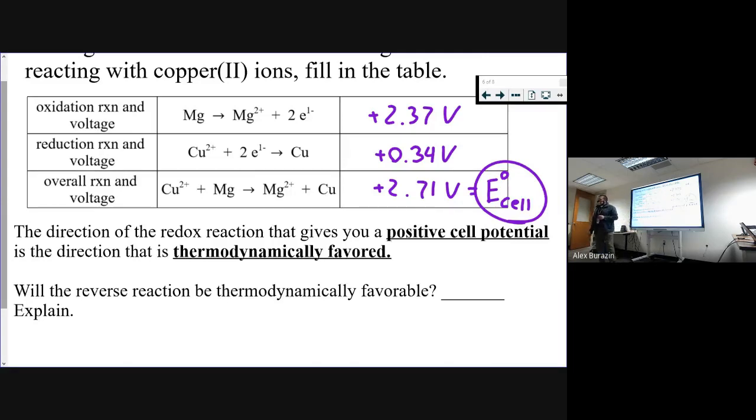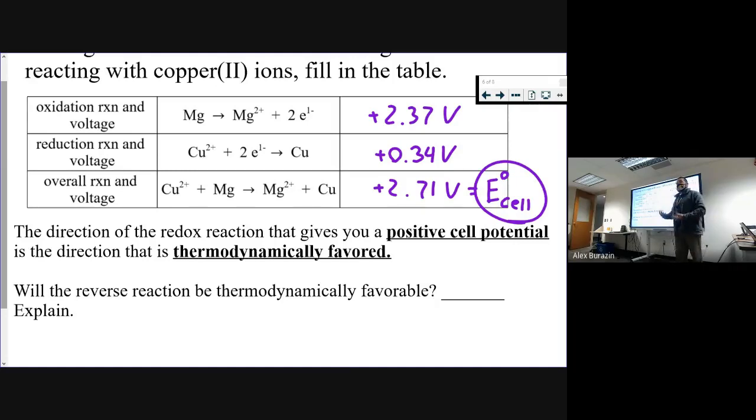In this instance, it's positive. When you have a positive cell potential, it is thermodynamically favorable. We've already come across a couple other instances comparing chemical reactions to thermodynamic favorability, right? Delta G, that is Gibbs free energy. When delta G is negative, you have a thermodynamically favorable process.